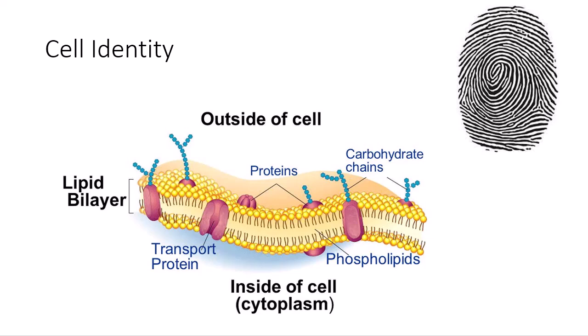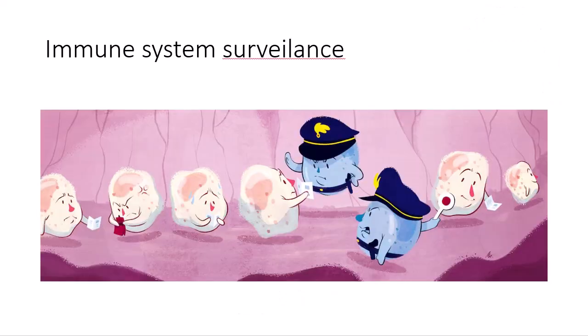So you can think of it as an identification badge or a fingerprint that is unique to us, and it appears on our tissues, and that allows the immune system to know, hey, this is part of us, and we need to leave it alone. And by leave it alone, I mean not attack it.